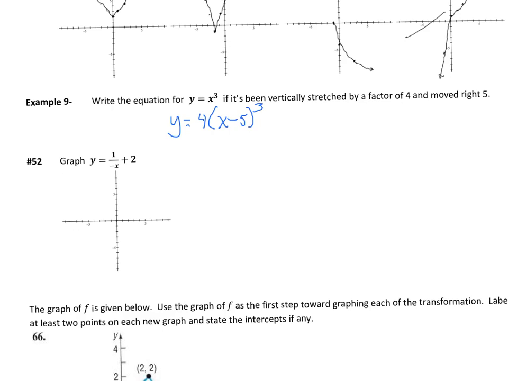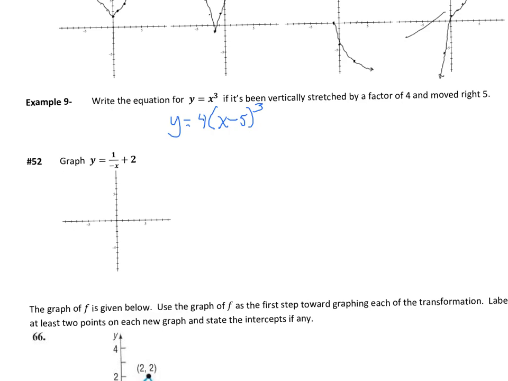Okay. Questions about that? We all right? Okay. Now, whoa, what are we going to do? 1 over -x plus 2. What do you think? But what does 1 over -x look like?